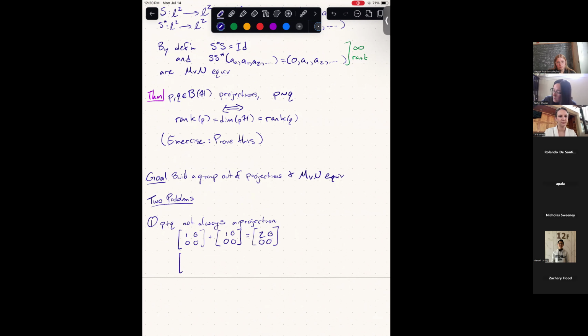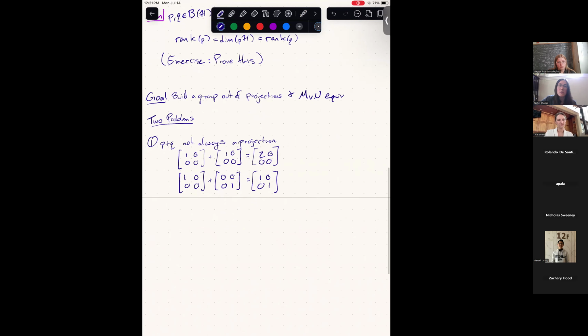On the other hand, there are two projections that I could add together and still get another projection: projection onto the x-axis and projection onto the y-axis sum to the identity, which is also a projection. So sometimes you get a projection when you add two projections together, and sometimes you don't. That's the first obstruction to constructing a group here.